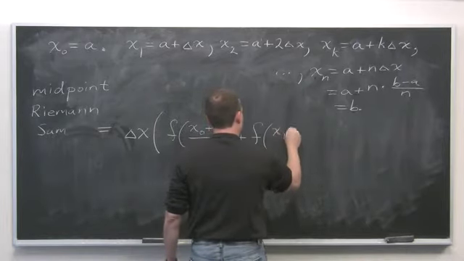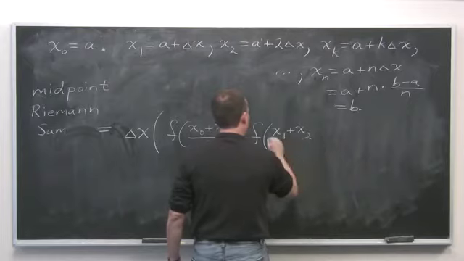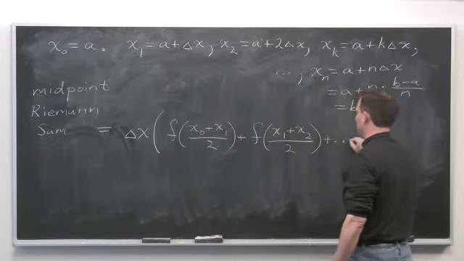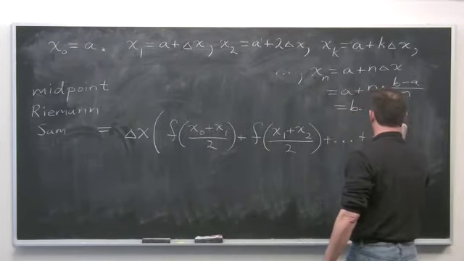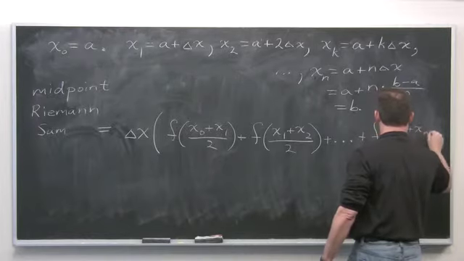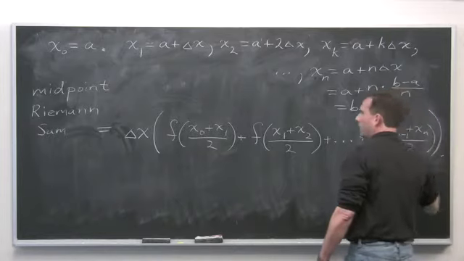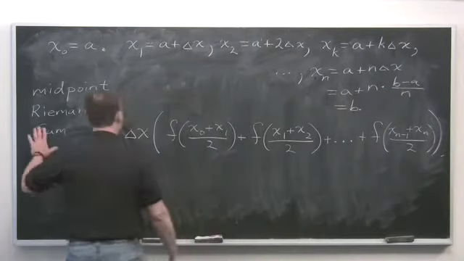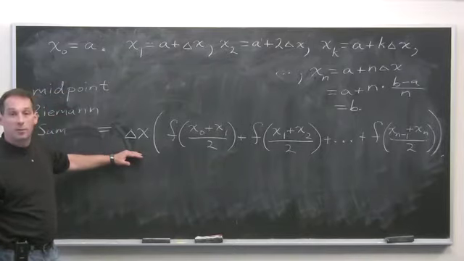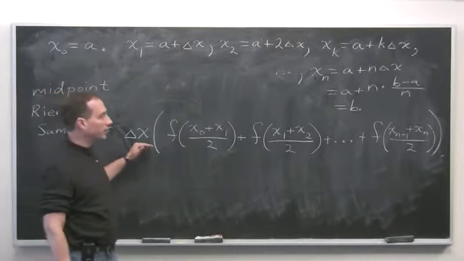Each time it's the sum of the two endpoints divided by 2 to get the midpoint, and then you evaluate f there. This is the midpoint Riemann sum for n subintervals of equal length or width.